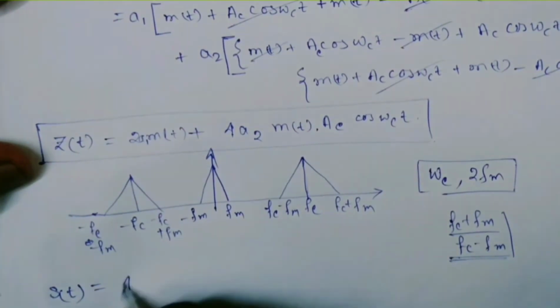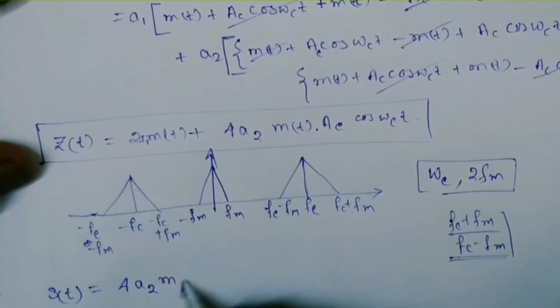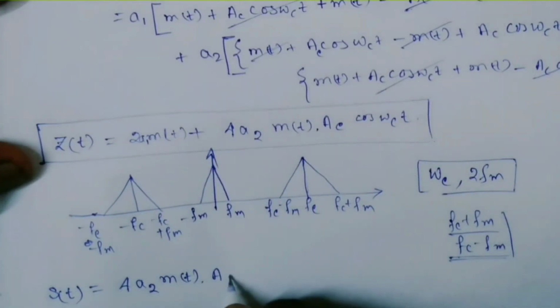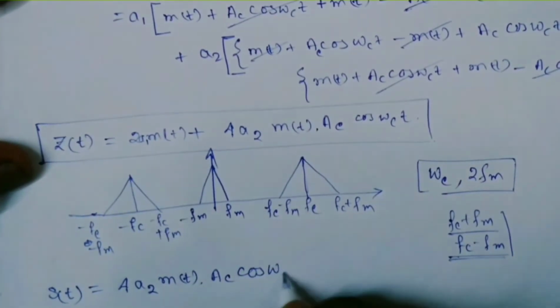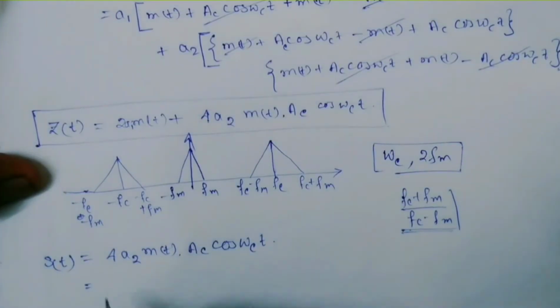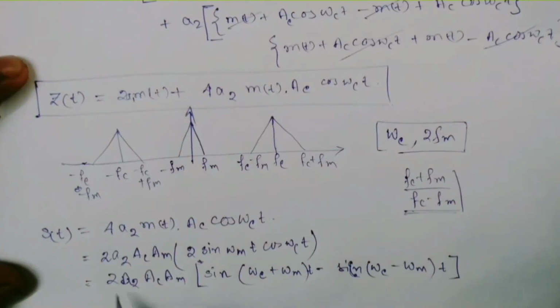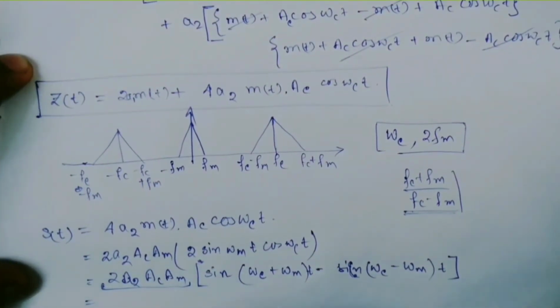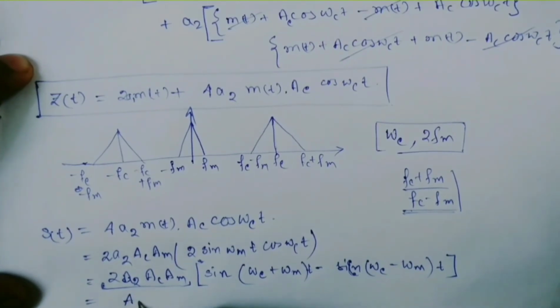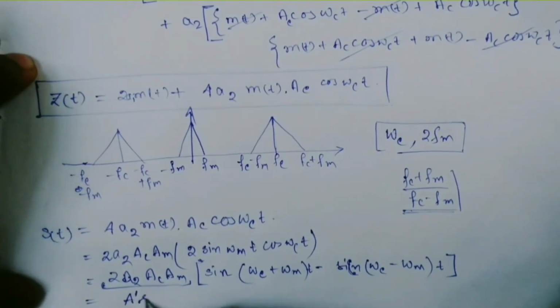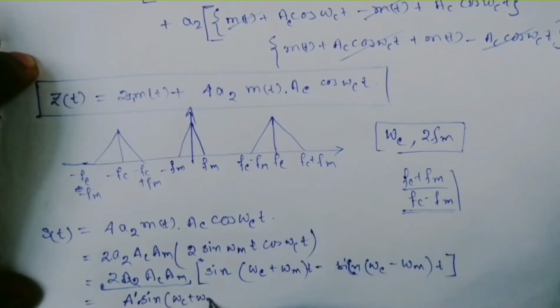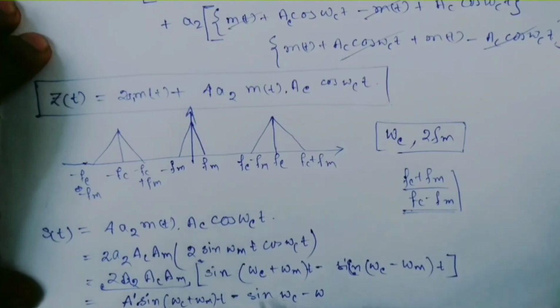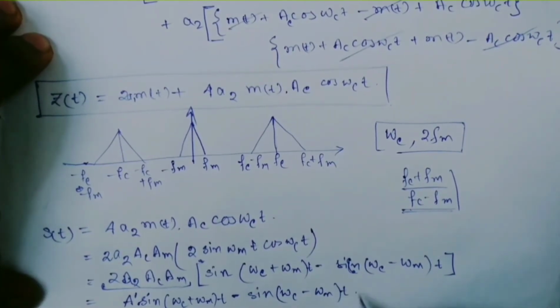So s(t) will be 4 a2 into m(t) into Ac cos omega c t, and by mathematical manipulation we are getting this. Suppose this whole term of 2 a2 Ac Am be written as A dash, and with that we are having sine of (omega c plus omega m) t minus sine of (omega c minus omega m) t.